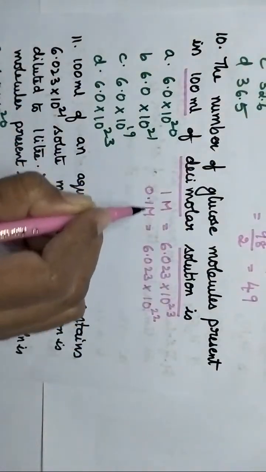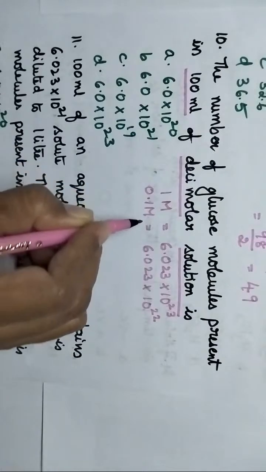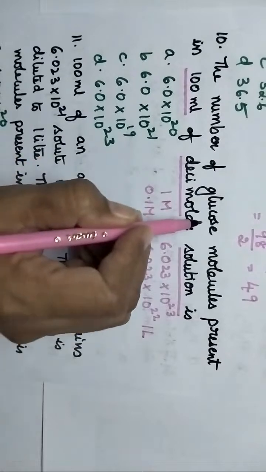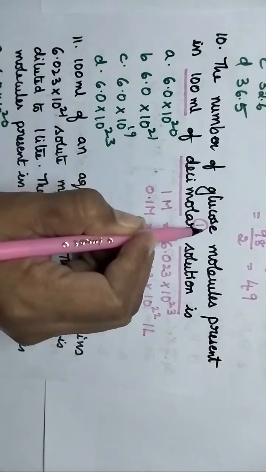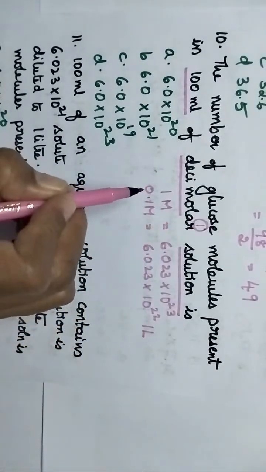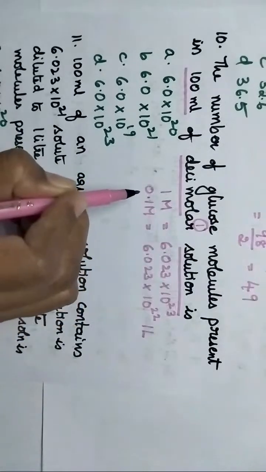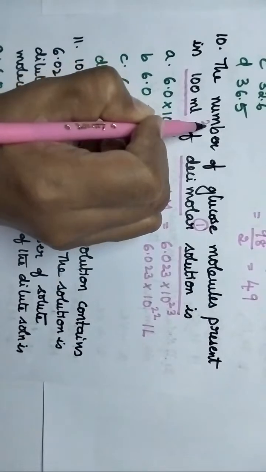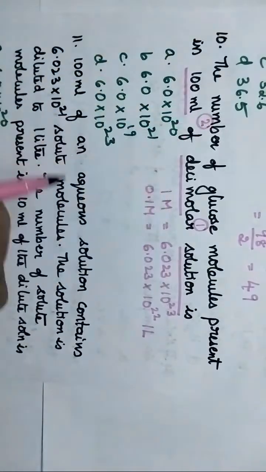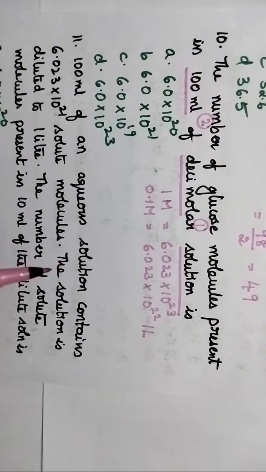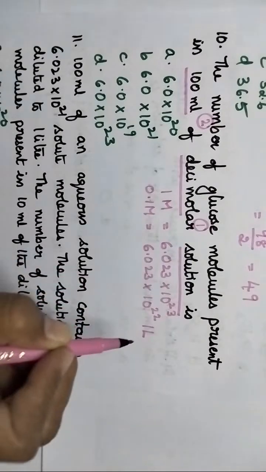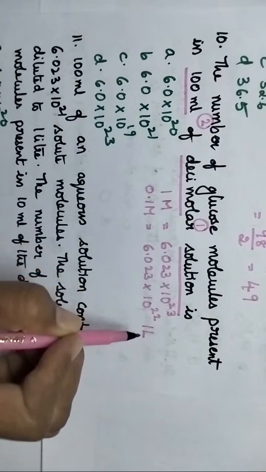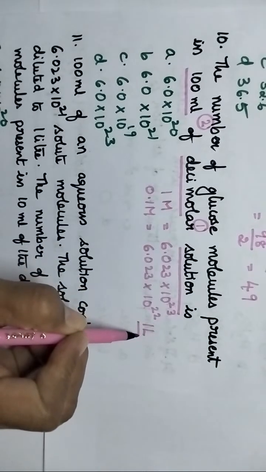Especially 1 molar or 0.1 molar means it is for 1 liter solution. So it is the first task. You have to identify how many particles are present in decimolar solution, that is 0.1 molar solution. And what is the second task? Here we have to consider only 100 ml of the solution. 6.023 into 10 power 22 particles are present per 1 liter of the solution.